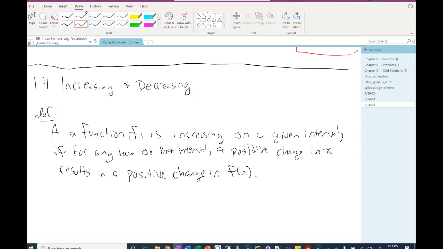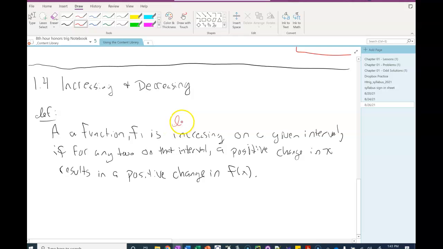Now we'll explain what this definition means and how to use it in a moment, because reading that, it's probably not entirely clear what it's saying. It's a little wordy. There's a lot of notation going on. It's a fairly simple idea, though, as we've already made the assumption that we can look at a graph and tell if something's increasing and decreasing to do the ranges. So we've already talked about this.